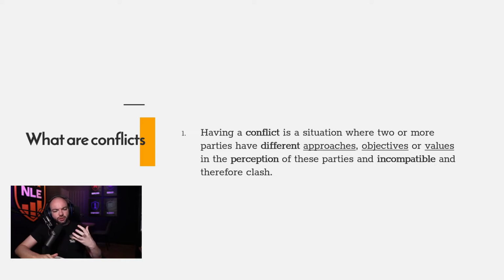So in order to help you interact with this as well, think about some conflict, or maybe one thing that you felt was from a different view of perception. And also, what kind of category was it? Was it a difference in the approach, a difference in the objective, or a difference in values? I want you to think about that for a couple of seconds and ask yourself, what was this all about?